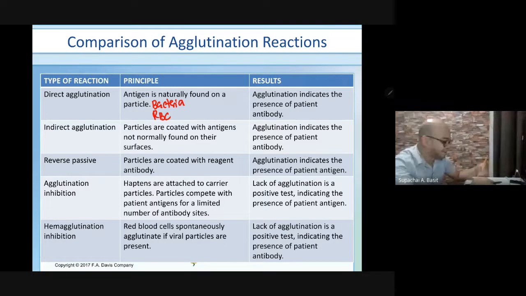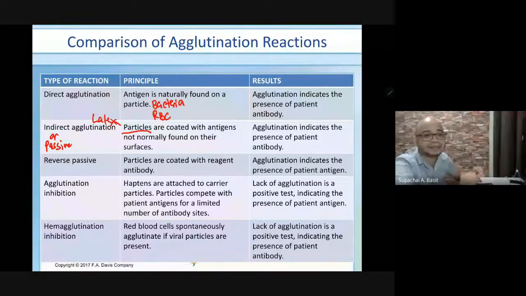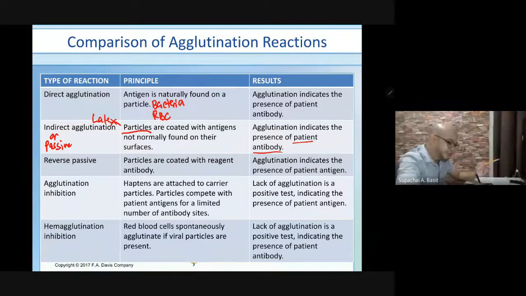Indirect agglutination is also known as passive agglutination. Okay, particles are coated with antigens not normally found on their surfaces. So the most common example of particles are latex particles, though we can use gel, silica, and RBC as well. So agglutination indicates the presence of patient's antibody.